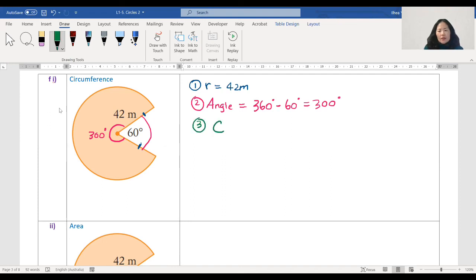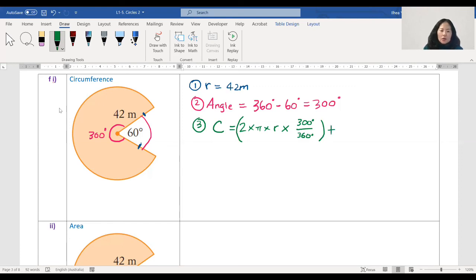Circumference is 2 times pi times r. That will give you the full circle circumference, but we don't want to do that. We just want to know only 300 degrees out of 360 of the circumference. That's what we want to know, and that's only for the curved part.